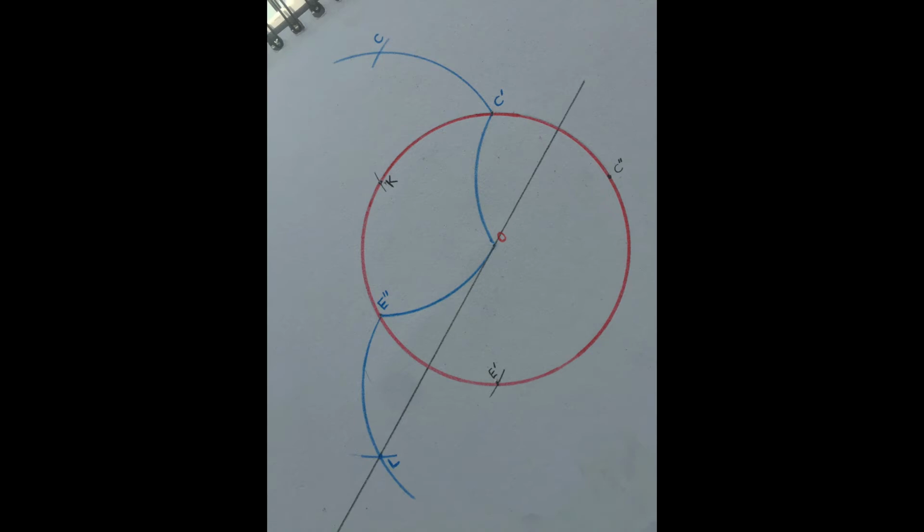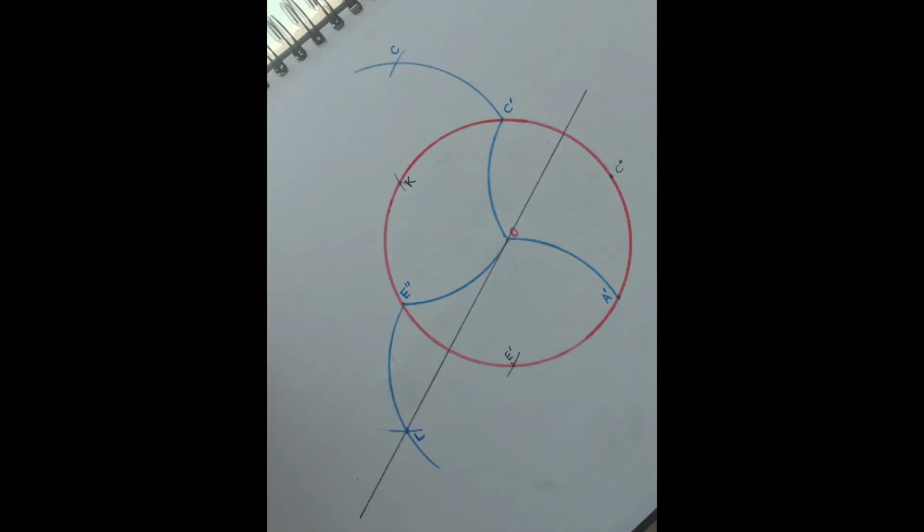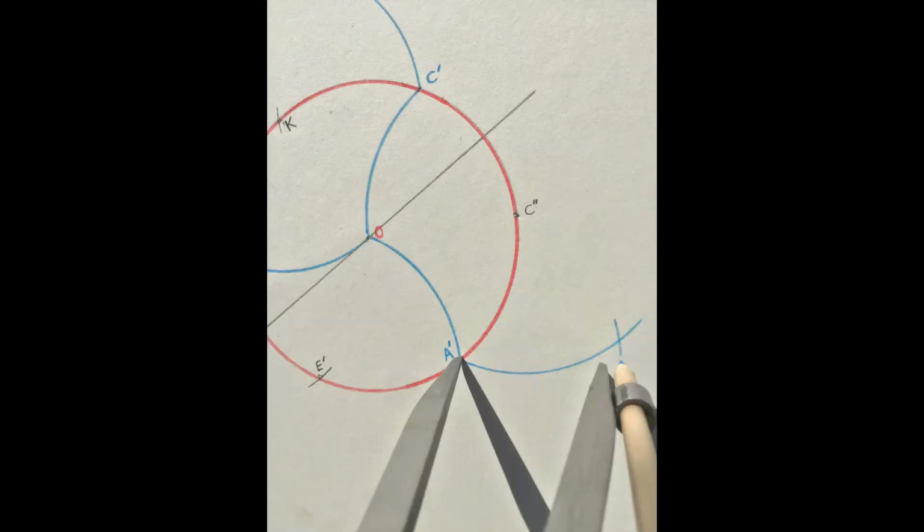I point at E' and draw the inner arc of a circle OA'. I point to C'' and draw an arc of a circle from A'. I draw the line AC, which passes through C'' and C'.